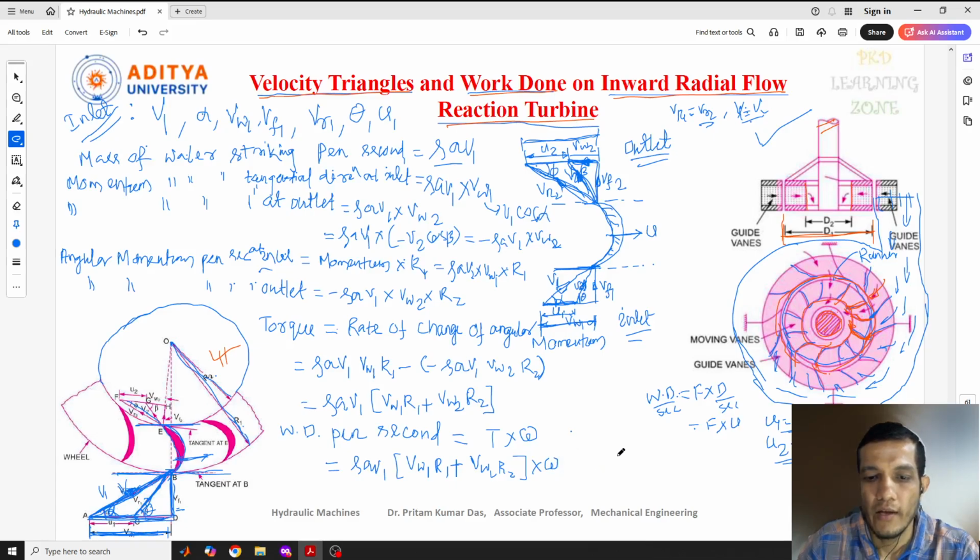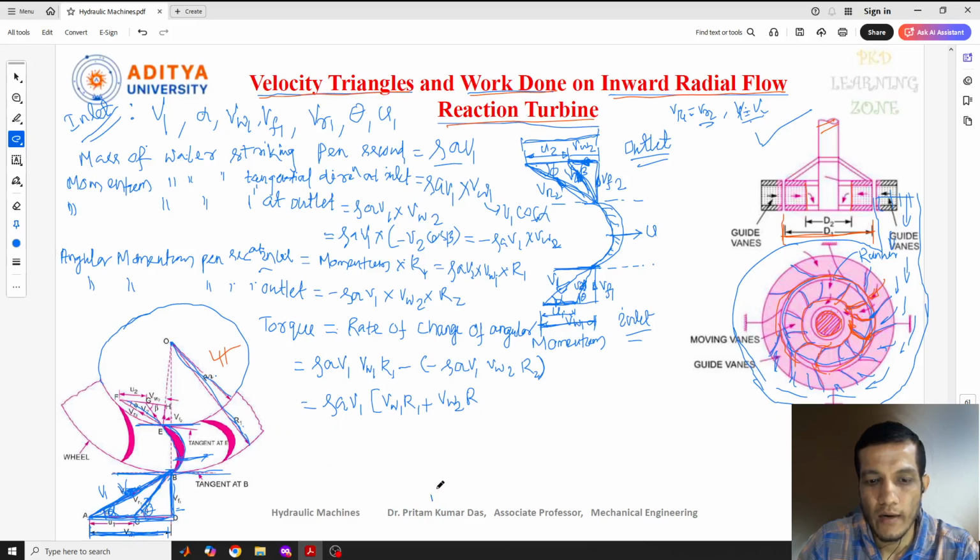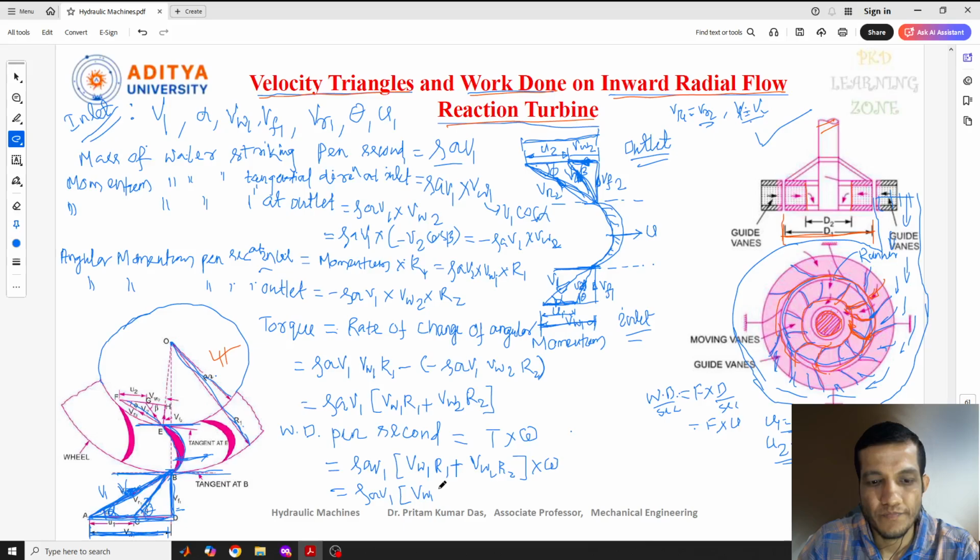omega. Okay, so we can take this omega inside. So we can write rho a v1, bracket start, v w1 omega into r1.